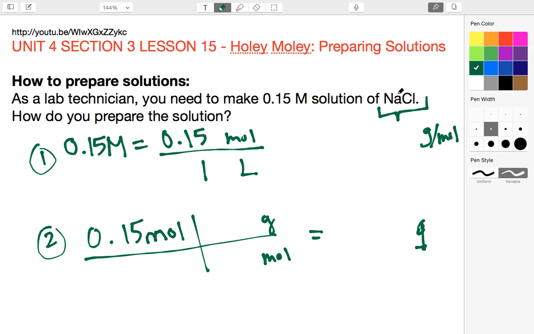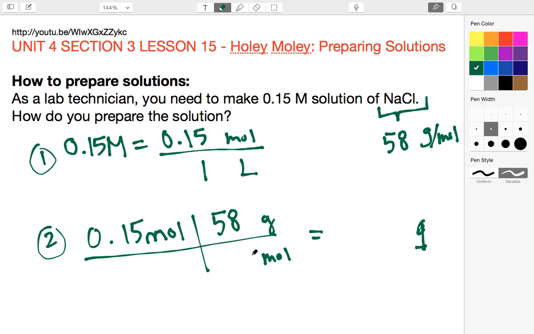If I look on my periodic table and look for the mass of Na, add it to the mass of Cl or chlorine, I should get the molar mass of NaCl, which should be 58 grams divided by moles.